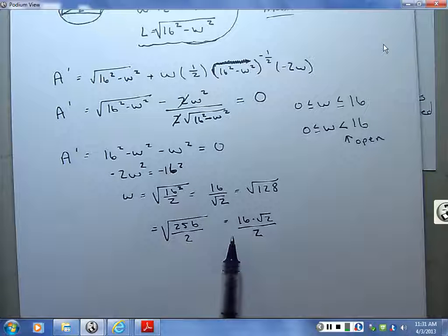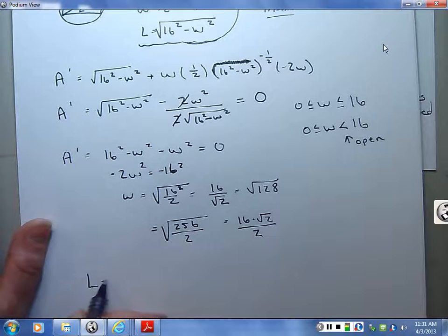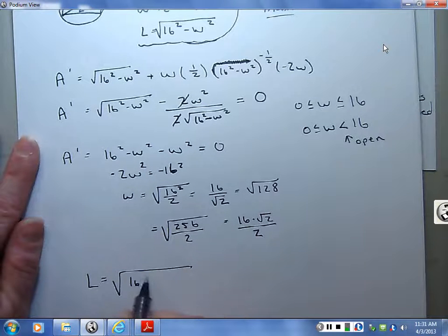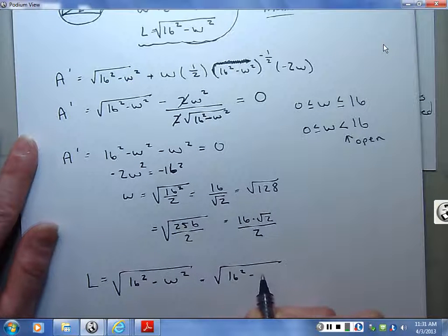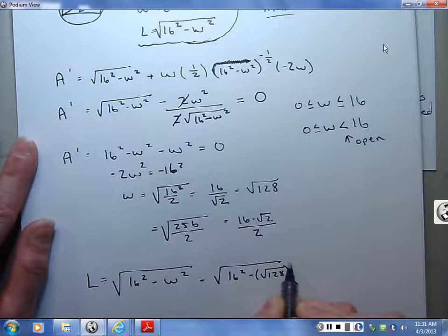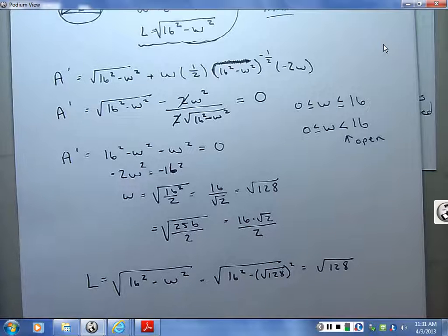Maximum area for a rectangle is going to be when that rectangle is a square, when length and width are the same. So I know the length formula is the square root of 16 squared minus w squared. So if I take the square root of 16 squared minus 128, or square root of 128 squared, that gives me the square root of 128. 16 squared is 256.